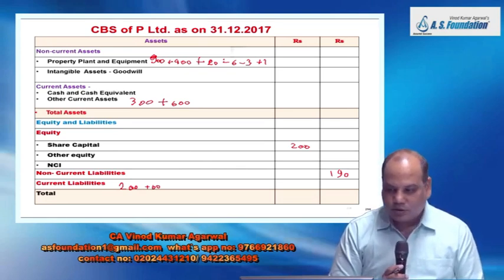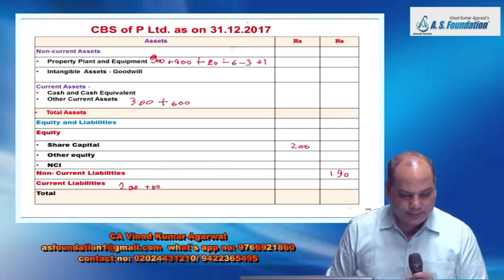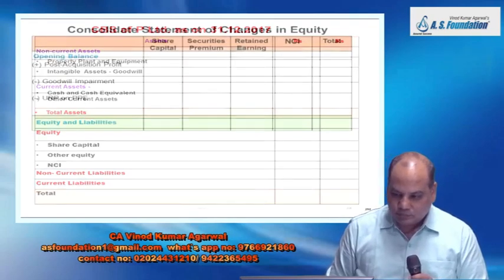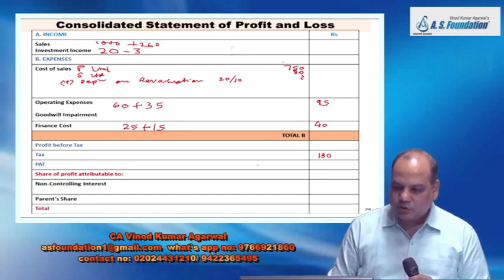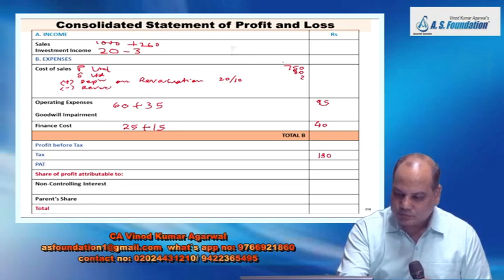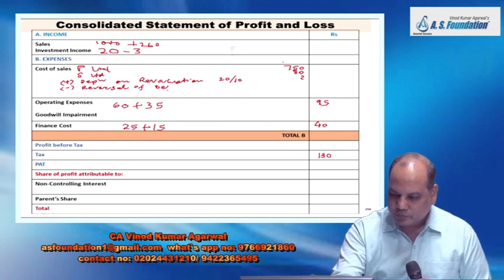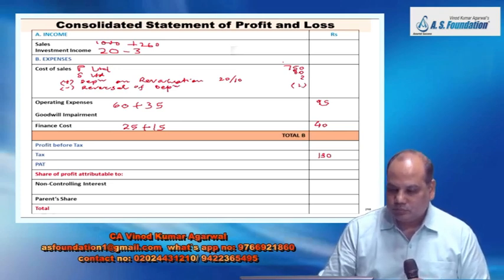Okay. And then we'll go to profit and loss also. In cost of sale, write down less reversal of depreciation, in bracket write 1.